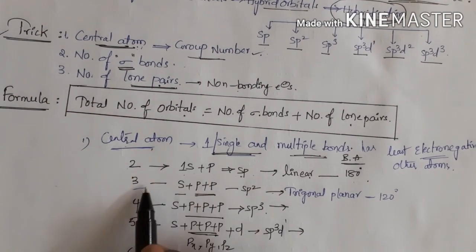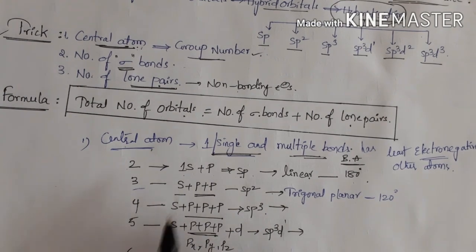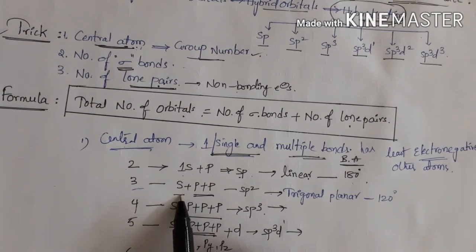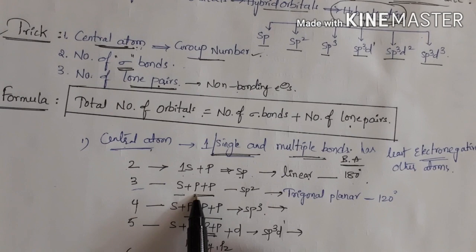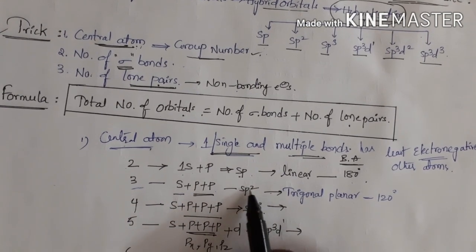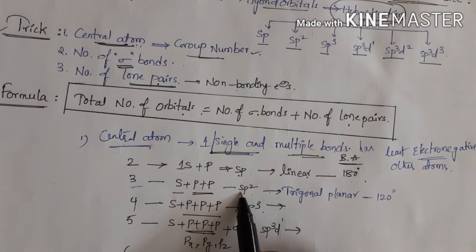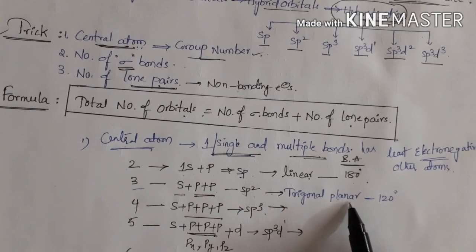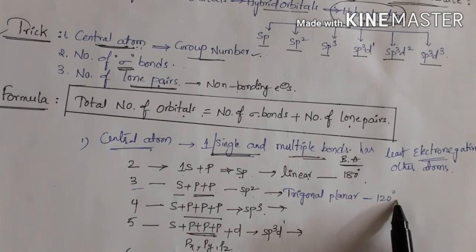If the total number of orbitals comes to 3, three orbitals are involved: one s orbital and two p orbitals. Here it is sp2 hybridization. The geometry is trigonal planar and the bond angle is 120 degrees.